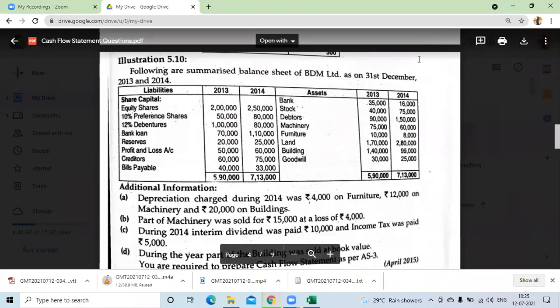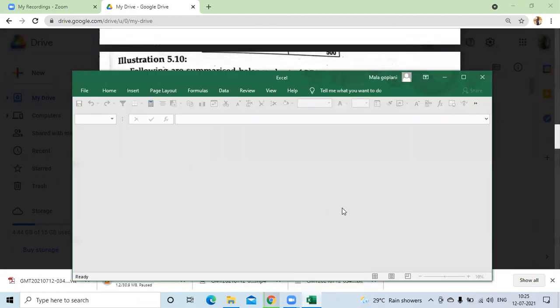Now come to the next page, a fresh page. Make another statement, which is cash from operating activity. Write down the heading cash from operating activity.